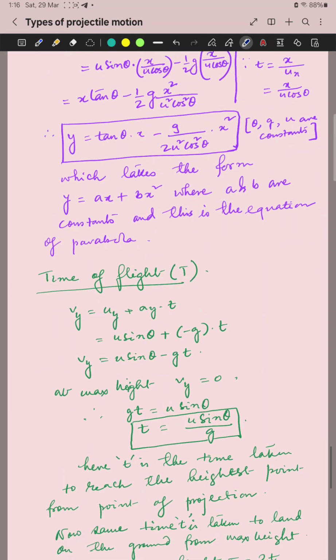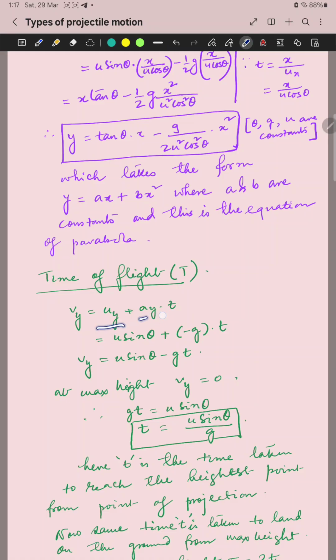Now let us find out the time of flight, that is the total time of flight. When the body was projected, it attained the maximum height, and then from the maximum height it landed on the ground. This whole time is the total time of flight, which is denoted by T. For this we are using the first equation.